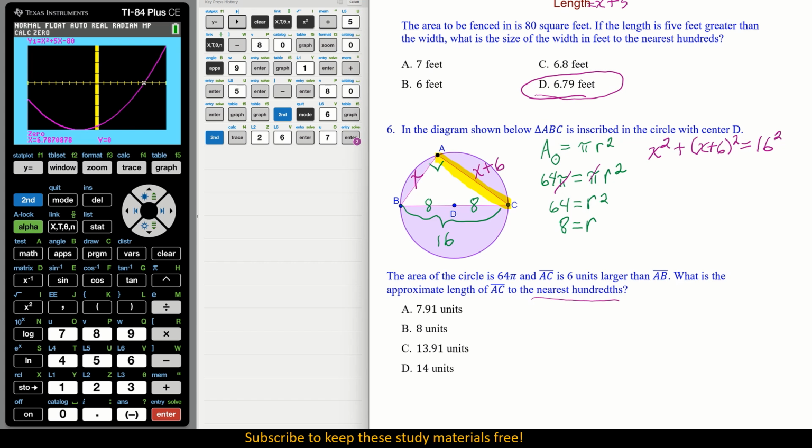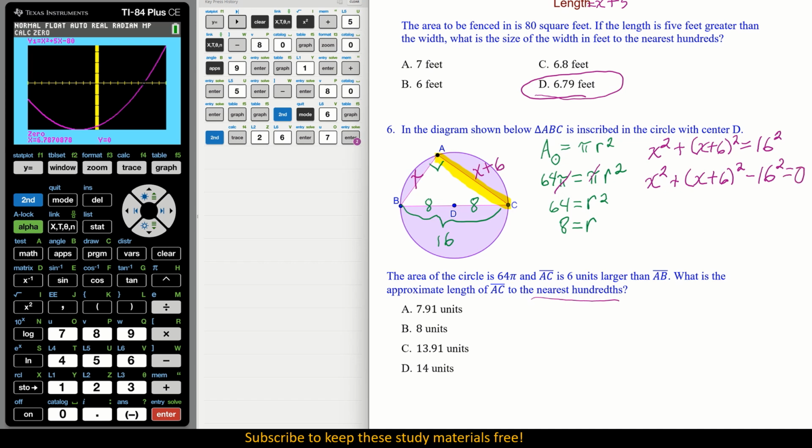Now, we could work all this out, but as you know, I'm probably not going to do that. So let's go ahead and put it into our calculator and see if we can get some reasonable value for our x without doing tons of work on this.